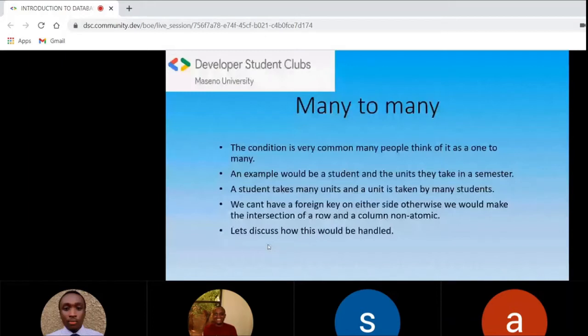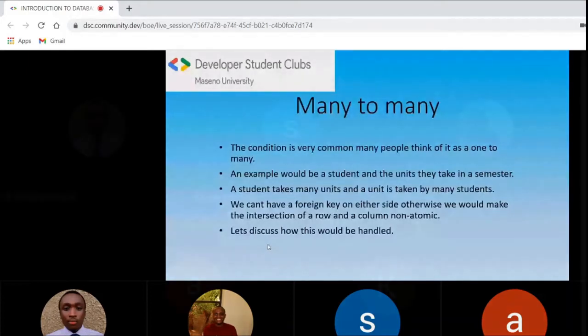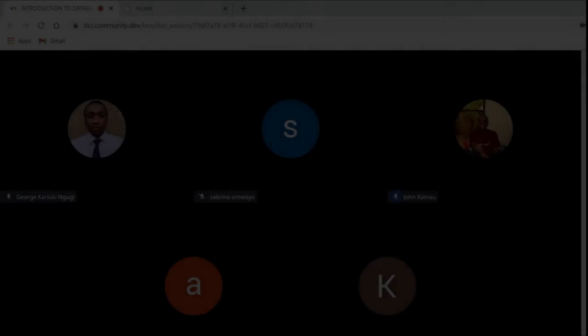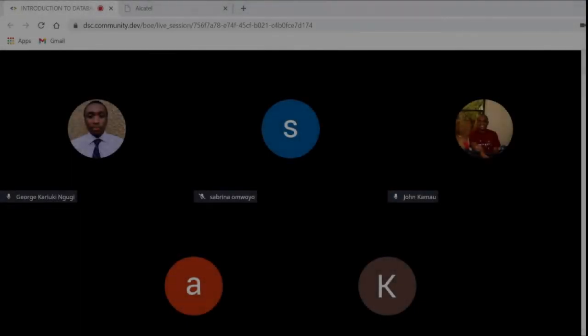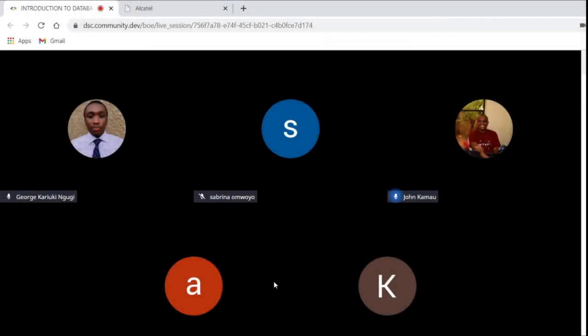In this slide, there will be a lot of talking, a lot of questions might be asked. We will introduce a third table. Can I get one volunteer? Yeah. So in this student table, we will have the primary key, the ID.